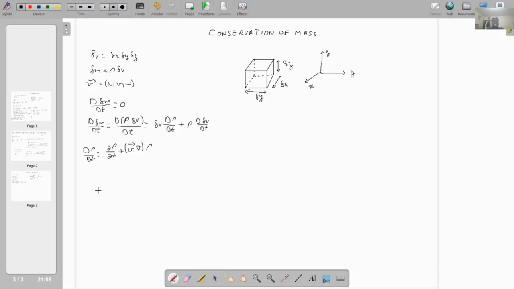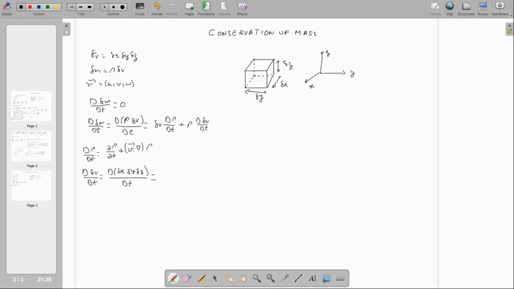Now let's compute the material derivative of the volume. d delta v over dt equals d(delta x delta y delta z) over dt.